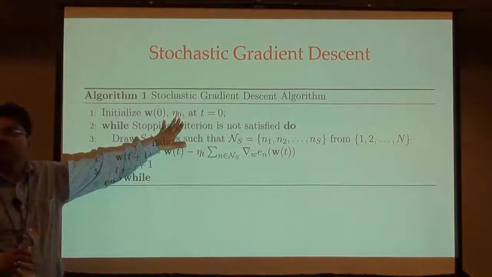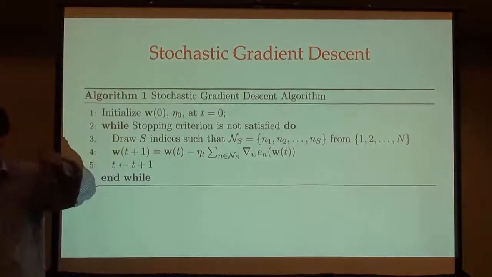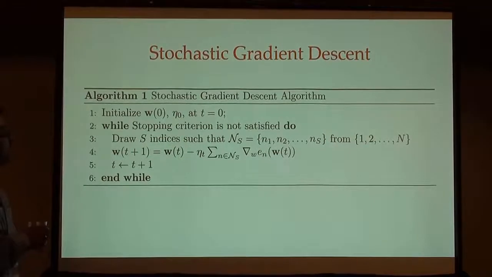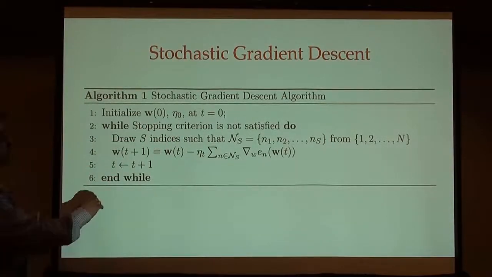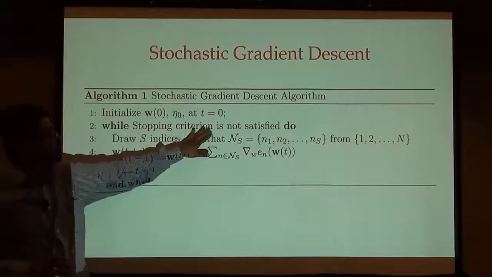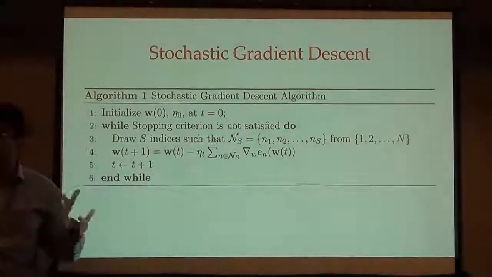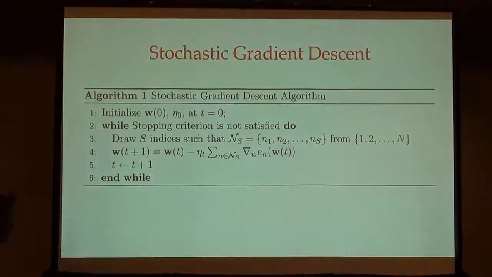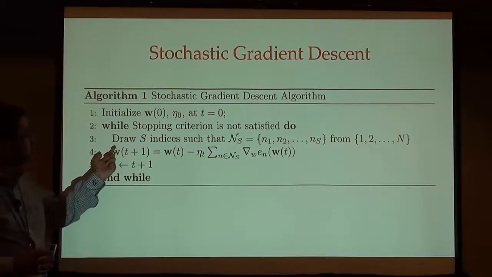You just usually keep it fixed, sometimes you vary it a little bit. But that's essentially heuristic, there is no principle to it. While the stopping criteria is not satisfied, and I have purposely left it vague, because there is no good one, you just use the number of iterations. And you should also use the distance or the norm of the gradient. Those are also things that you use.